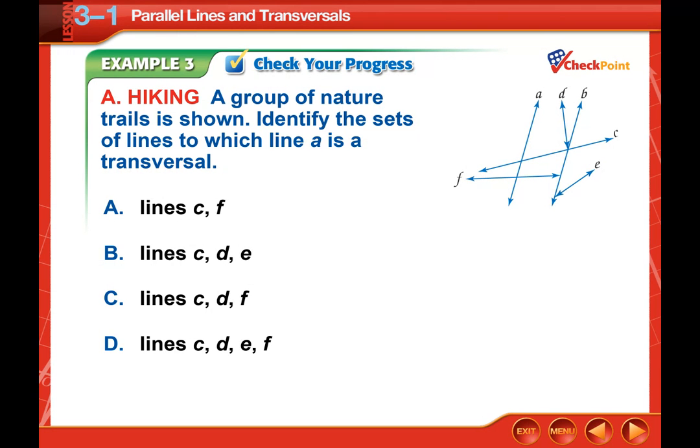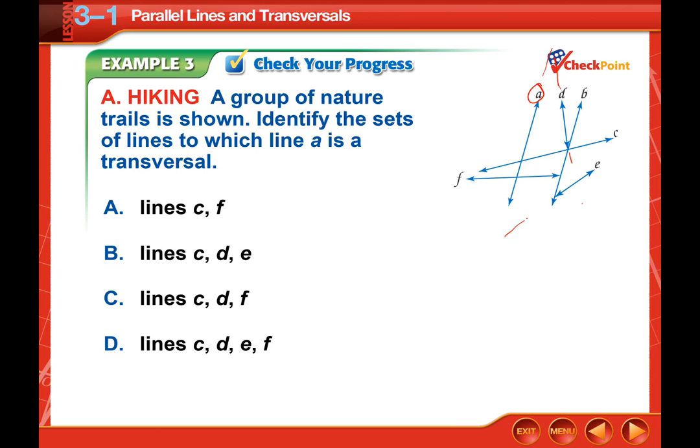Okay, here's a group of nature trails. Identify the sets of lines to which A, this is line A, what is that a transversal for? Okay, line A crosses line C, line A crosses line F. If we extend these out, will it cross more?